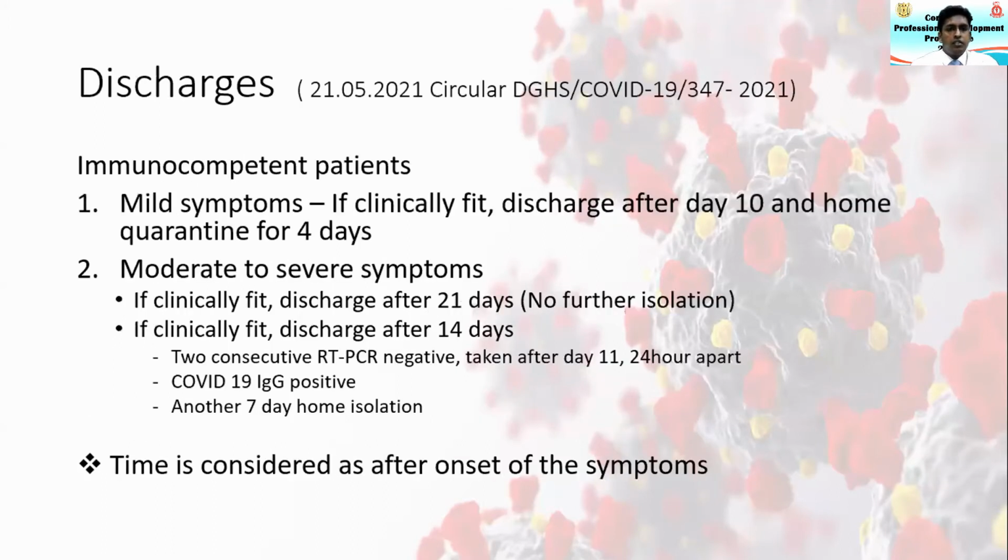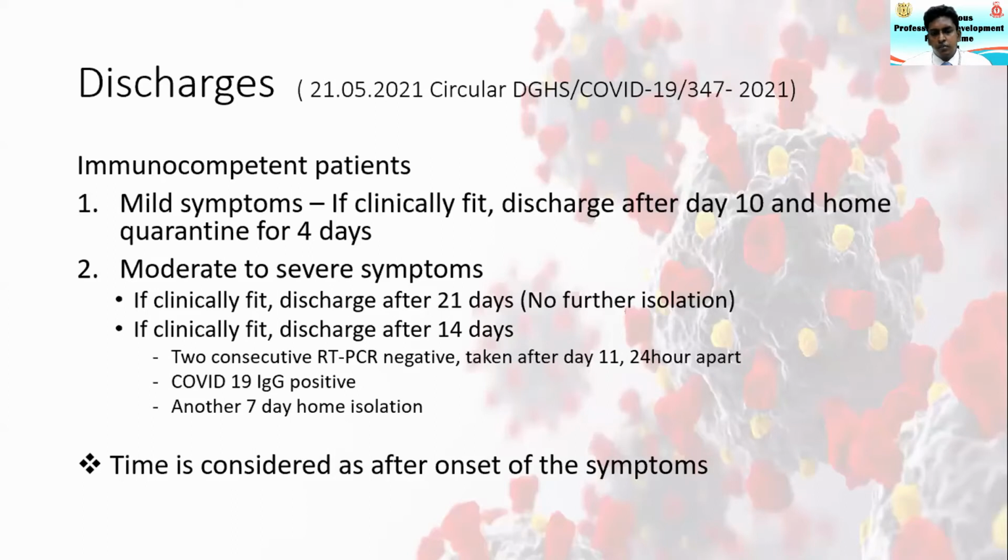So, discharges. These are the criteria offered in the circular from last May, according to the general circular by the Director General of Health Services. For immunocompetent patients with mild symptoms, we can discharge after 10 days if clinically fit, with 4 days of home quarantine. For moderately severe symptoms, if clinically fit, we can discharge after 21 days with no further isolation necessary.